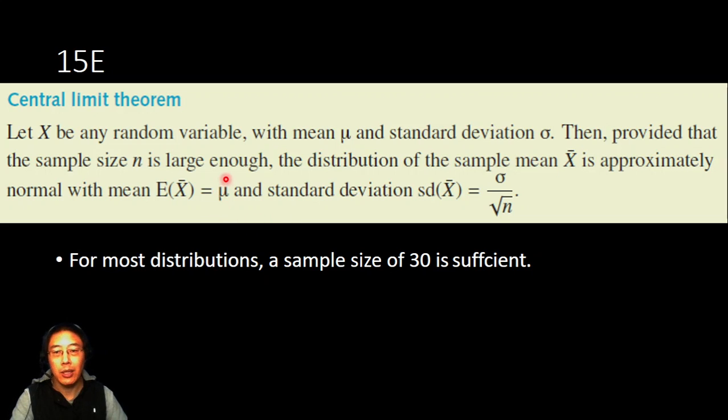It has a mean which is the same as the mean of the random variable, but the standard deviation of the sample mean variable is going to be the standard deviation of the random variable X over the square root of n, n being the sample size. For most distributions, a sample size of 30 will be sufficient.